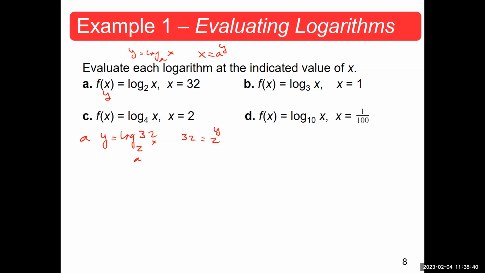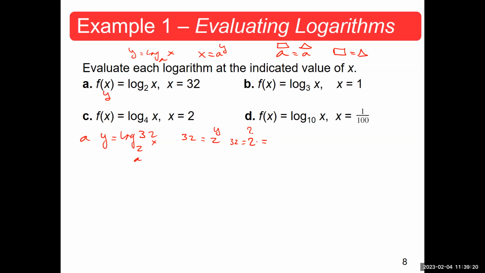All right, what's the benefit? Still, I don't know what the value of Y is. Well, we need to use the one-to-one formula. If I have A to power anything equal A to power anything else, then these are equal, right? Well, do I have it here? Not yet. Can I do that? Can I convert 32 to 2 to power something? What is this number? 2 to power 2 is 4.